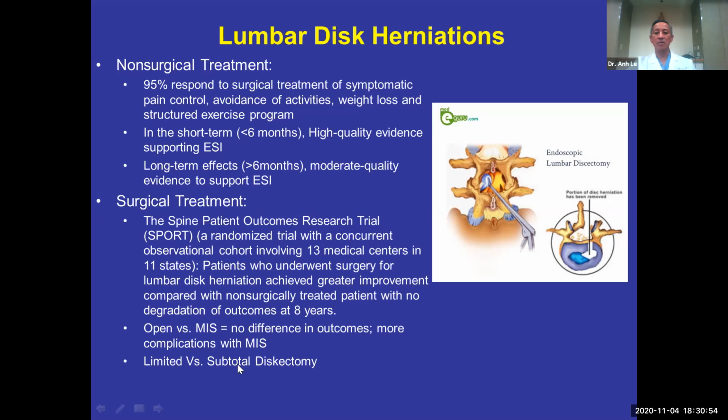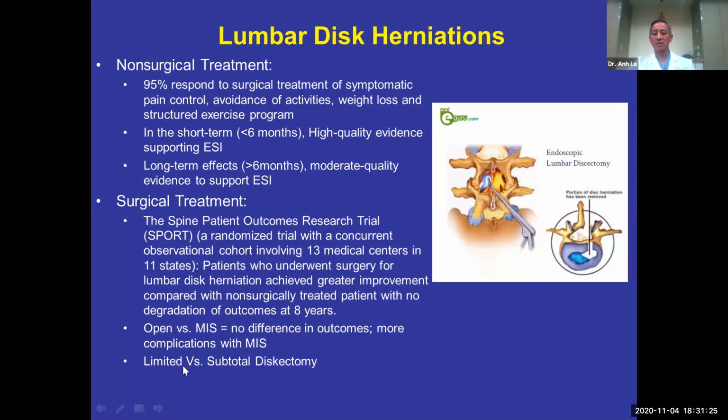All right, so the other question is how much disc do you remove? You can remove a limited amount of disc that extruded out, or you can perform a subtotal discectomy where you go in there and take all the nucleus pulposus out. I prefer a limited microdiscectomy where I only remove the extruded fragment, because with a subtotal discectomy, the patient tends to have persistent low back pain afterwards.